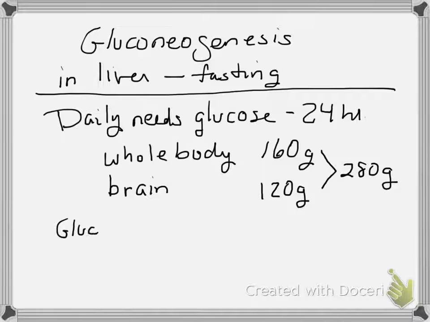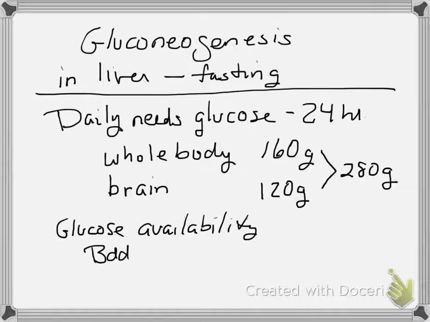Now let's look at the other part. The other part of the equation is glucose availability. Body fluids include the blood, tissue fluids, etc. These account for approximately 20 grams of glucose availability.